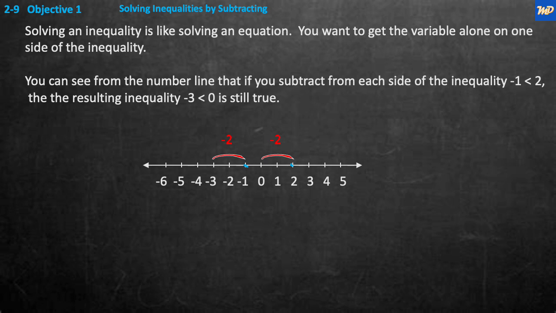You start with the 2, subtract 2, and you get 0. If you start with -1 and subtract 2, you get -3. So what we're saying is that -1 is less than 2 becomes -3 is less than 0. They both shifted, but the inequality did not change. It's still correct.